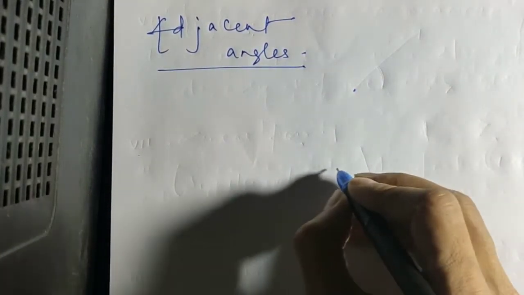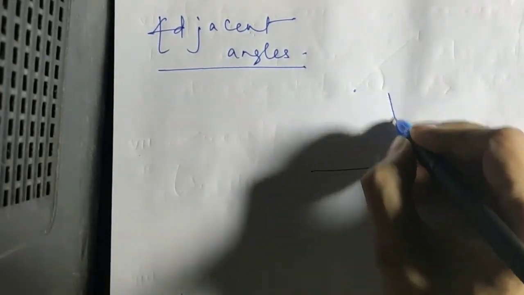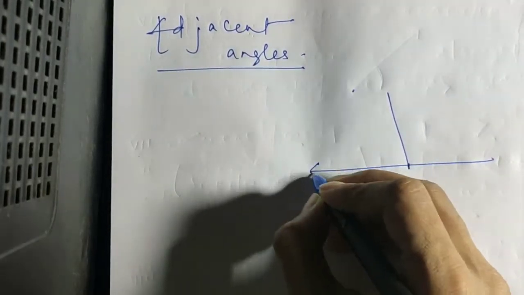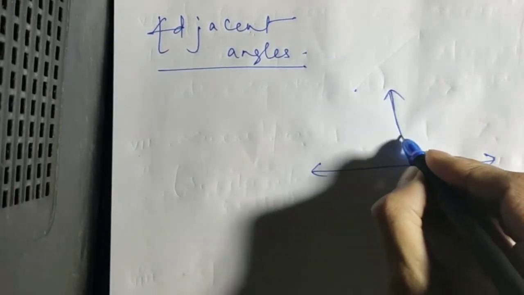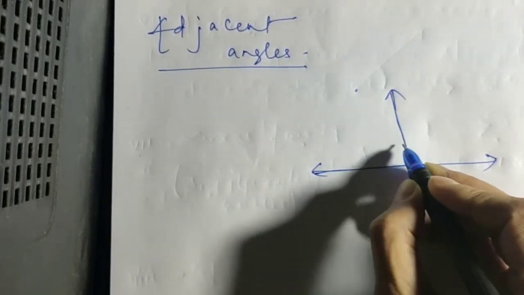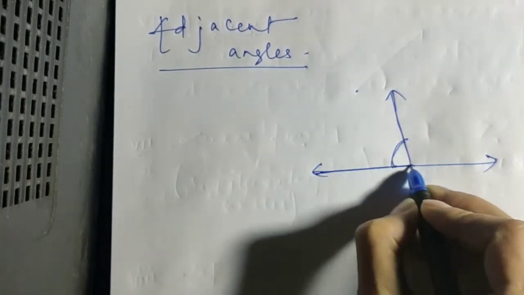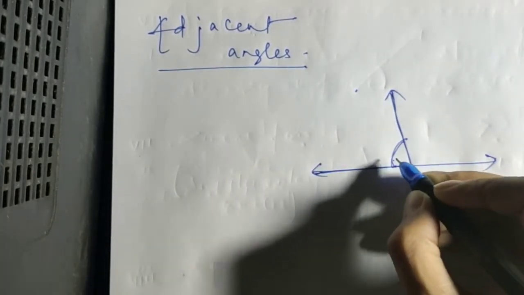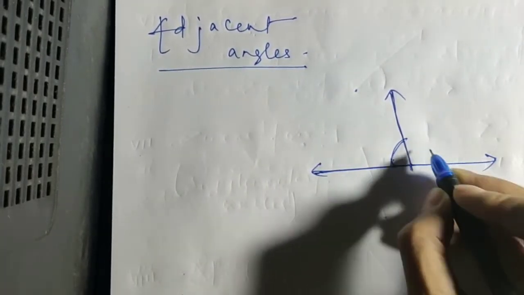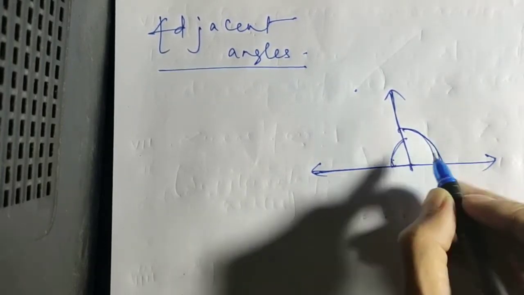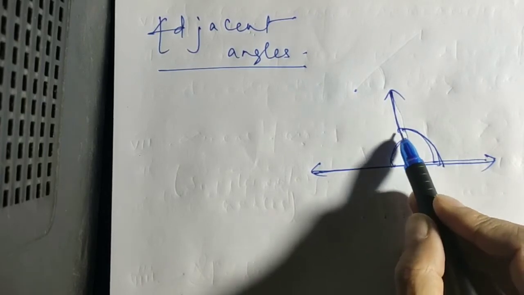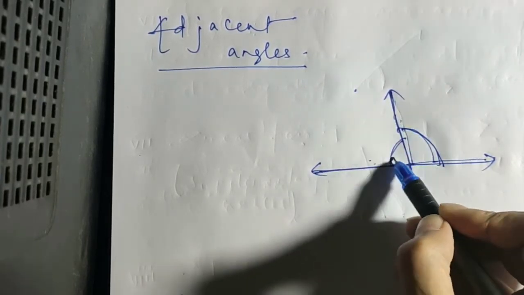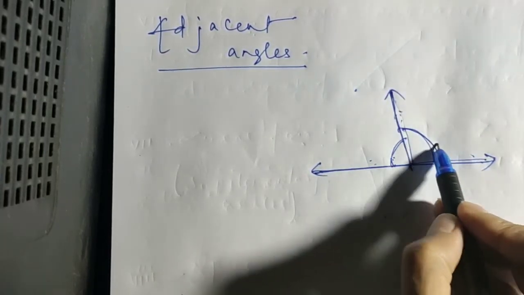That means, okay, here it forms. Now this arm is one arm of this angle. Yes or no? This is one arm, and this is one arm of this angle. In the same way, for this angle, this is one arm and this is one arm, right? So these two are the arms of this angle, these two are the arms of this angle.